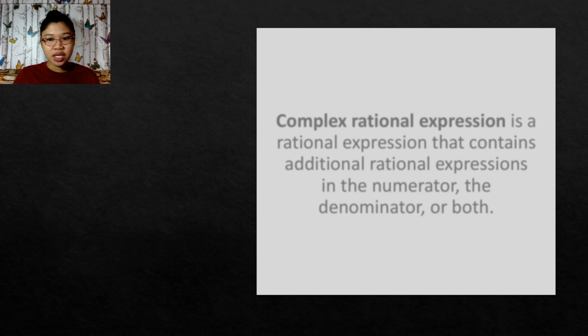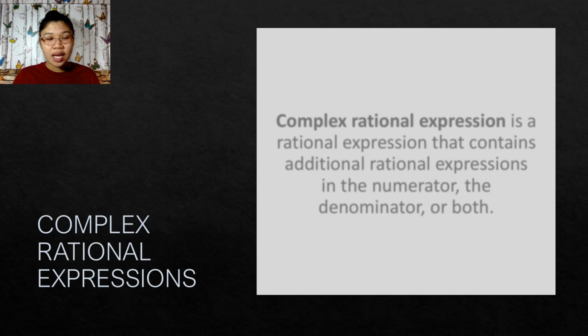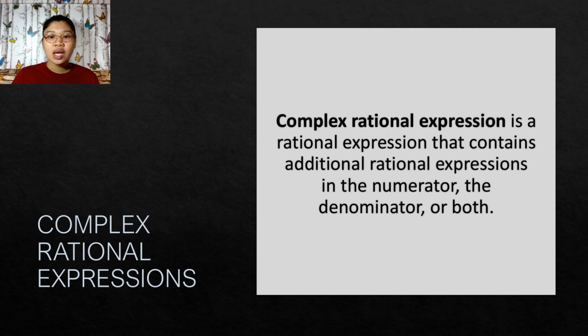So now we proceed with the complex rational expression. A complex rational expression is a rational expression that contains additional rational expressions in the numerator, the denominator, or both the numerator and the denominator.